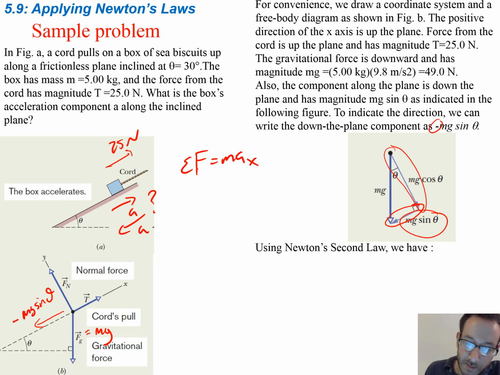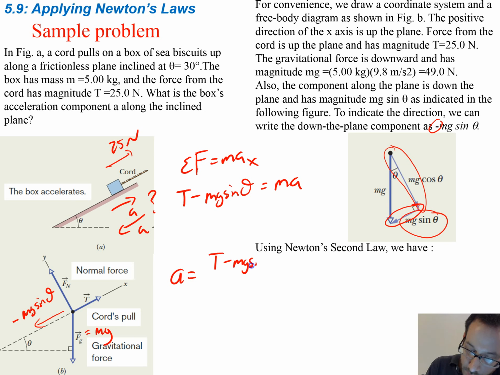We're going to sum all of our forces up, so it's just going to be T, which is in the positive, and then minus mg sine theta, which is in the negative direction, and that is going to be equal to mass times the acceleration of the object. To find the acceleration, we simply rearrange this equation to solve for a. So it's T minus mg sine theta, divided by m.